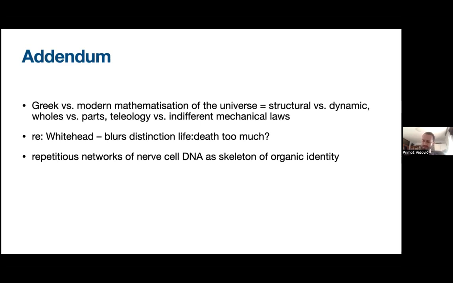And finally, there's this point about how organic identity might be constituted on a more physical level, given that the parts of cells, as well as the cells themselves, are constantly regenerating or being replaced. He thinks that this identity could be, in a way, located or maintained in these networks of nerve cells, or the DNA in nerve cells, which would trace a skeleton of identity.